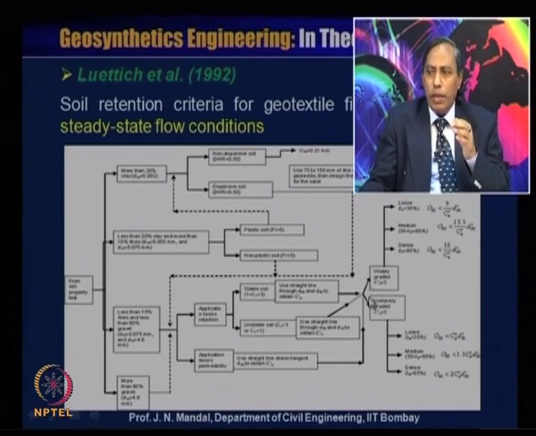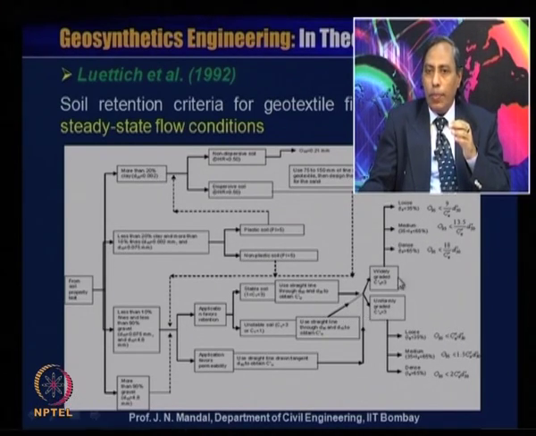Accordingly, depending upon the density of the soil, there is also a relationship between Cu and the defined D value. Whether it is loose, medium or dense, accordingly you can determine what should be the O95 value.